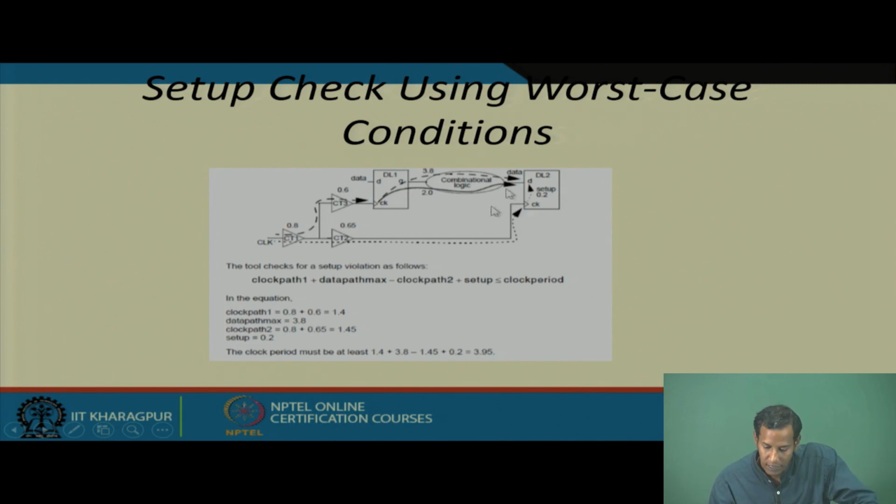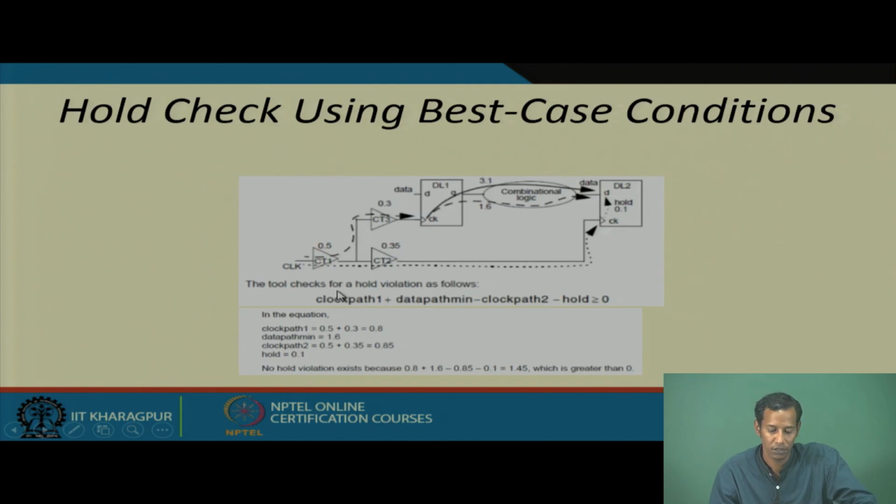So, this will be the setup time requirement, or I can say the minimum clock period that should be set is 3.95 to meet all constraints in this particular circuit.